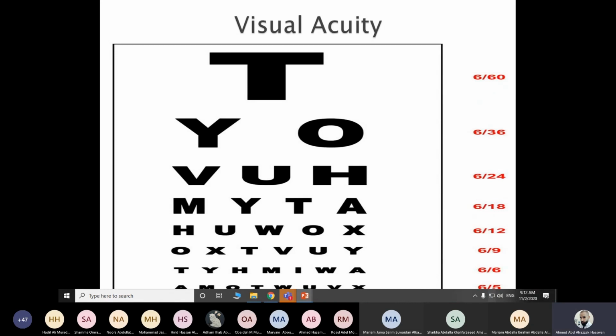Now, let's say that your patient couldn't appreciate the big T at the top here. What would his visual acuity be? Zero. Okay, so what would 0 indicate? You mean he's blind? Okay, then what can we say? Like if he couldn't see the big T from 6 meters.